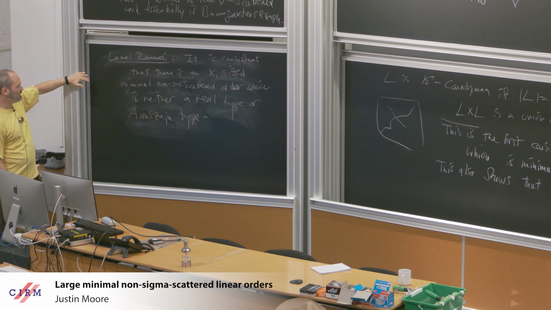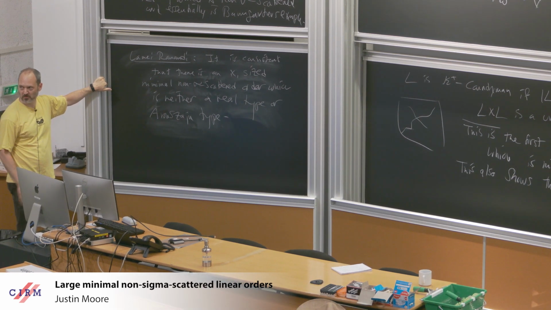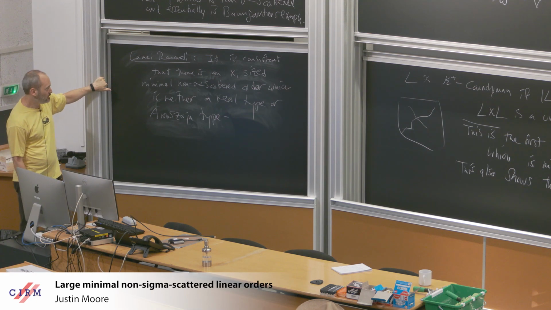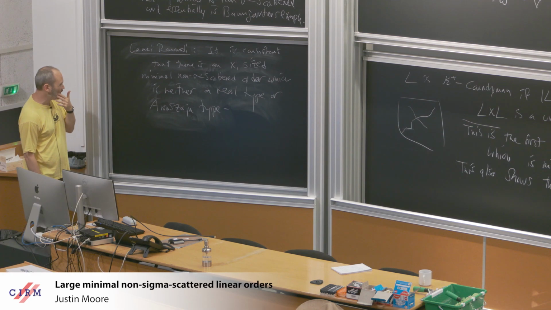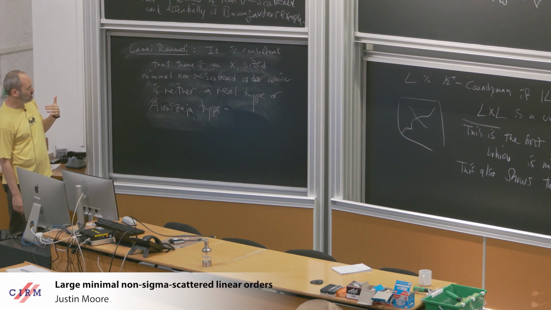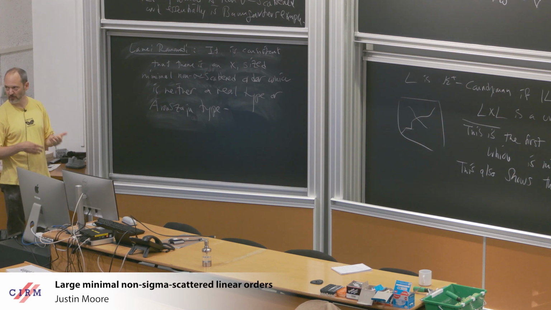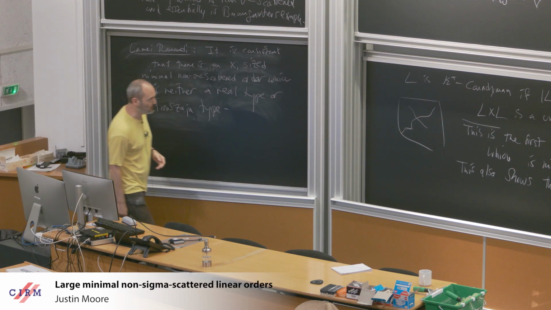Actually his order is a dense suborder of a Kurepa line, which has no Ehrenstein suborders. And he has, in the meantime, proved some results about the Kurepa lines themselves, like minimal Kurepa lines.